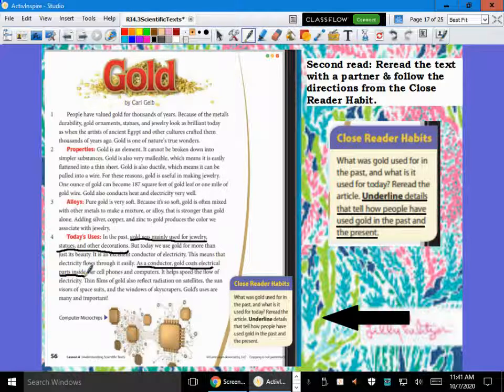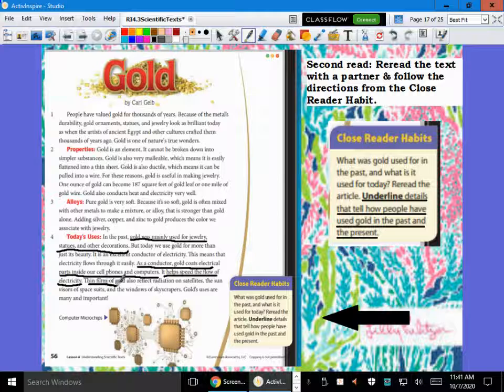Did you know that you probably have gold inside your cell phone or your computer? I don't think you should try to get that out and try to sell it or anything, but it is used in there as a conductor. Also, how is it used? It helps speed the flow of electricity. Okay, wow. Speeds the flow of electricity. Thin films of gold also reflect radiation on satellites, sun visors of spacesuits, and the windows of skyscrapers.